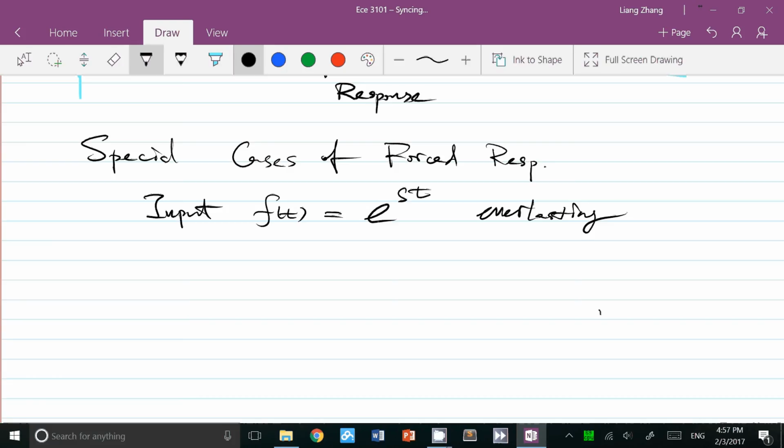Now, if this is the case, the forced response will also take a similar form. For the forced response, we use the term y sub phi of t to represent it.